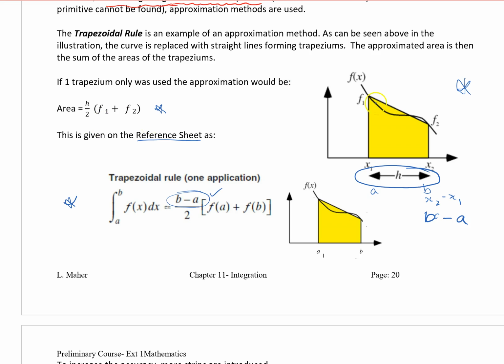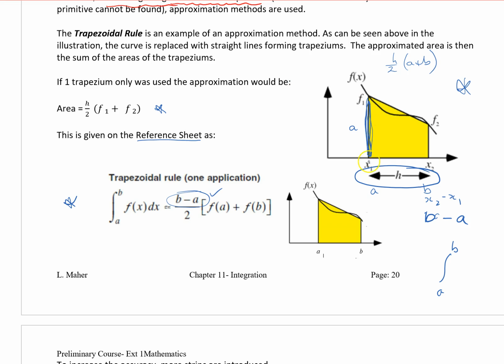Function 1 is what we would normally call A back in our H on 2, A plus B. This is really confusing, isn't it? Because now I'm not using A and B as values on our integral, where we'd normally go A to B. Now I'm using A and B, as we have for so long, as actual function values: the height of the function.